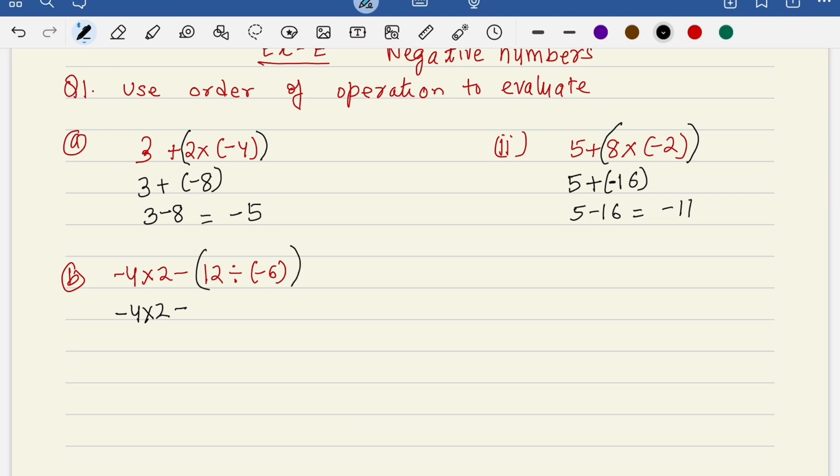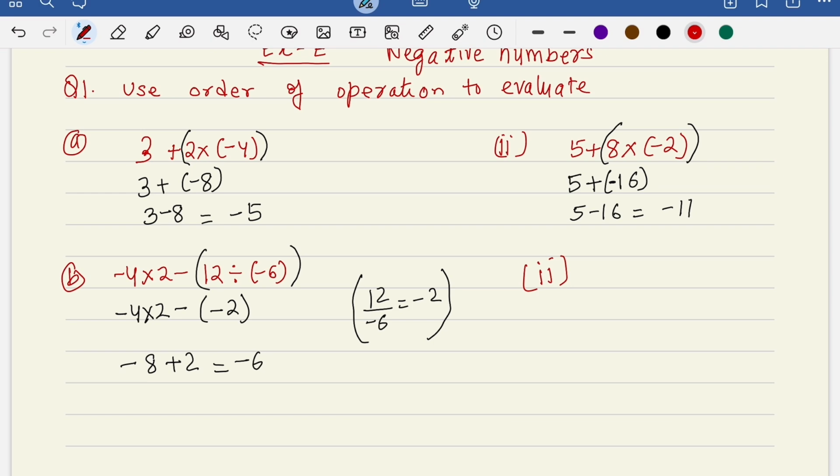Here we are dividing 12 by minus 6, so the minus sign is there. 12 divided by minus 6 is minus 2. So it would become minus 8, minus minus 2 is plus 2. So it is minus 8 plus 2, which is equal to 2 minus 8, which is equal to minus 6.